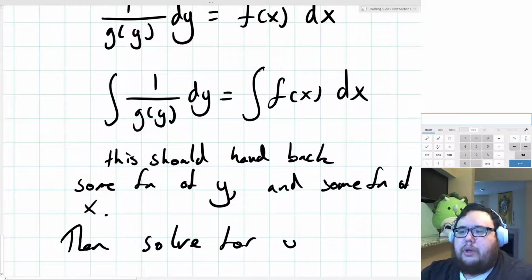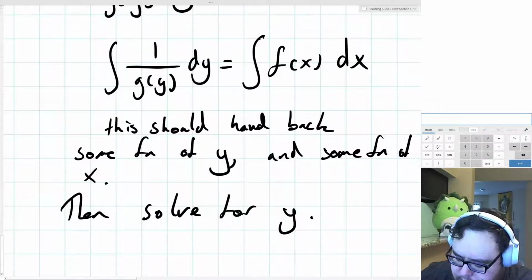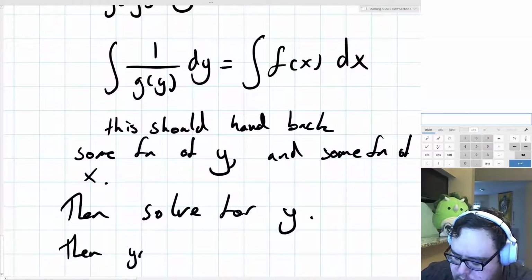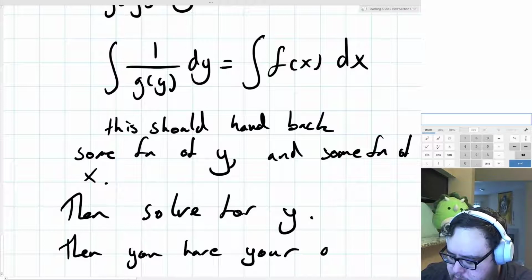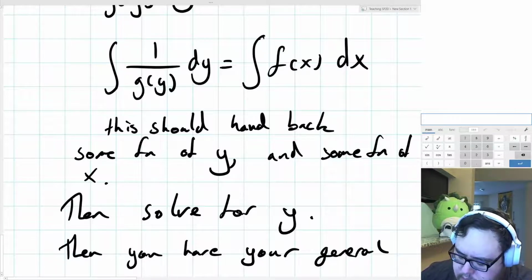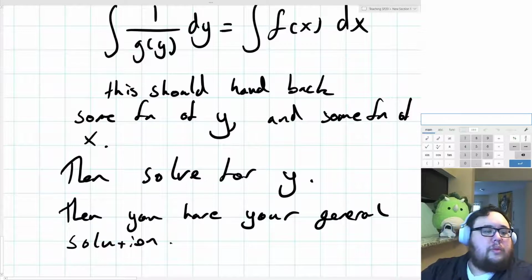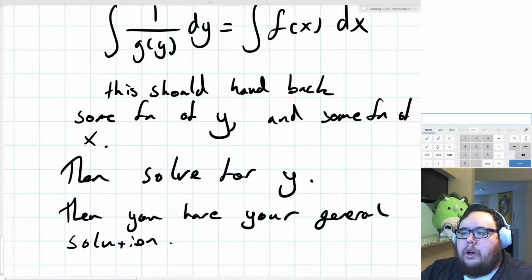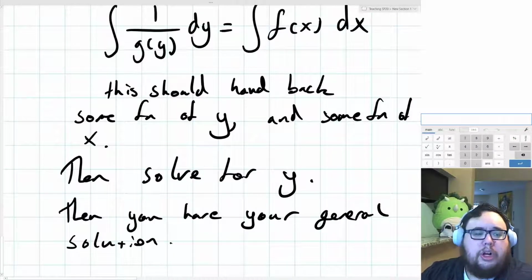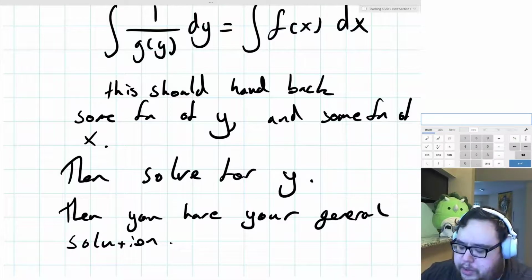And you're done. You have your answer. You have your general solution. So let's go back through a couple of our examples and just work them out and see how this comes true.